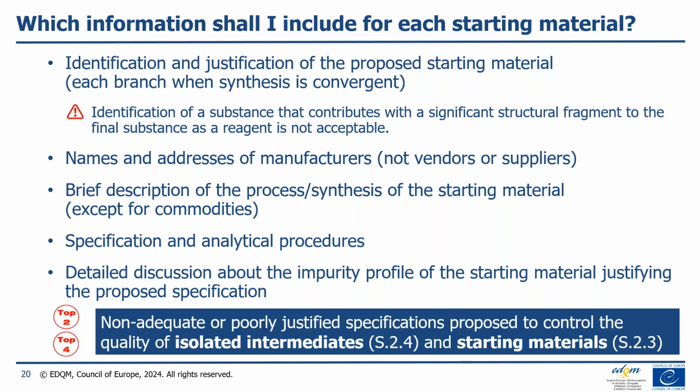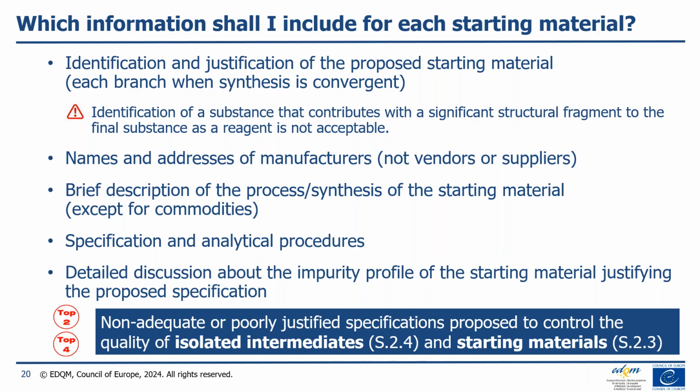And this actually brings us to our top 2 and top 4 deficiencies, which in the current top 10 document have been treated hand in hand, which are non-adequate or poorly justified specifications proposed to control the quality of intermediates and starting materials.